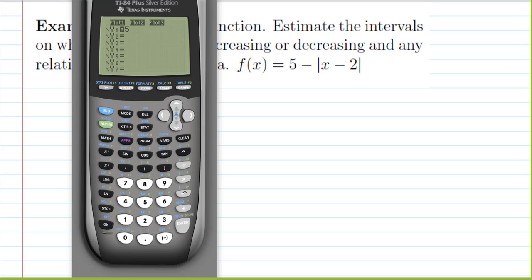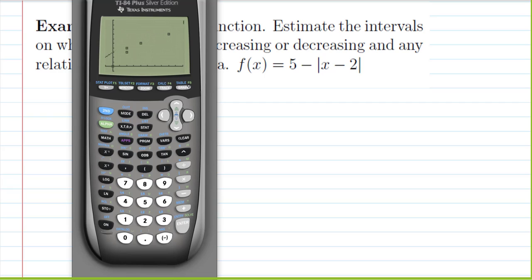So we go 5 minus, and remember, to get our absolute value, there are 2 ways we can do it. The fast way is we press alpha and window, and we choose choice number 1 for ABS. We can also find it by going into our math menu as well. And then we type in x minus 2. So our function looks exactly like our function here.